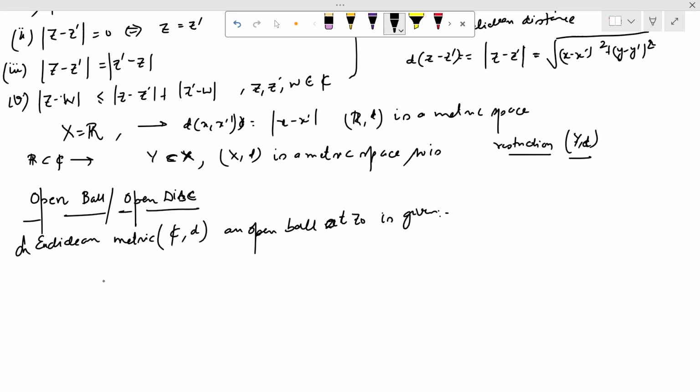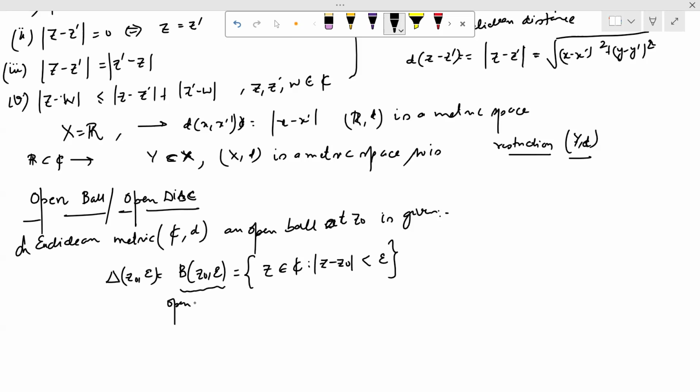Most often you'll find books using this notation. I will use this notation and possibly also this one. If I'm writing B(z naught, epsilon), it implies I'm talking of all those complex numbers z belonging to C such that the modulus of z minus z naught is less than epsilon. This is called the open ball or open disk.